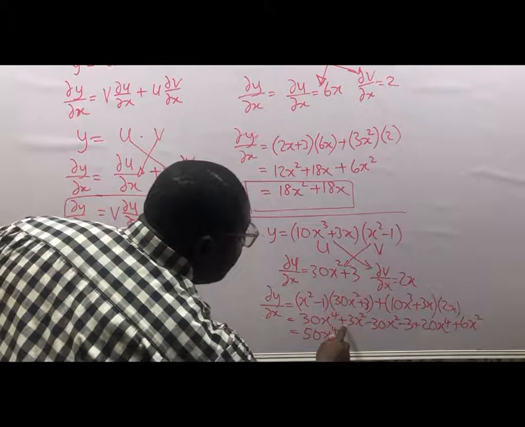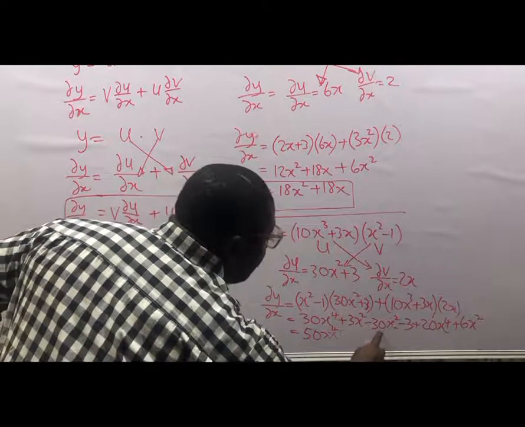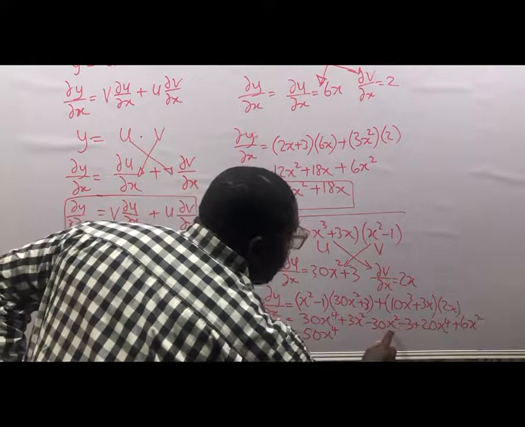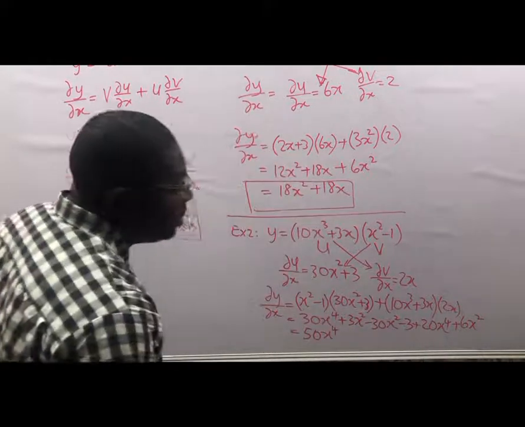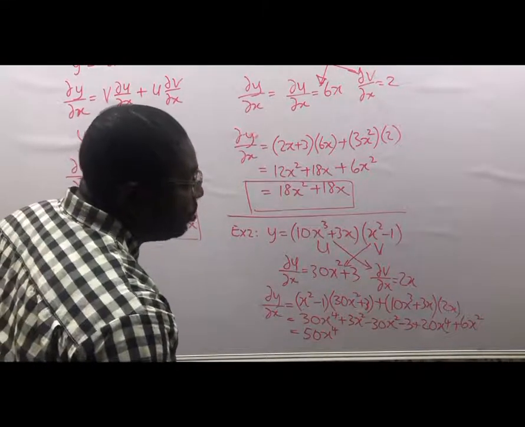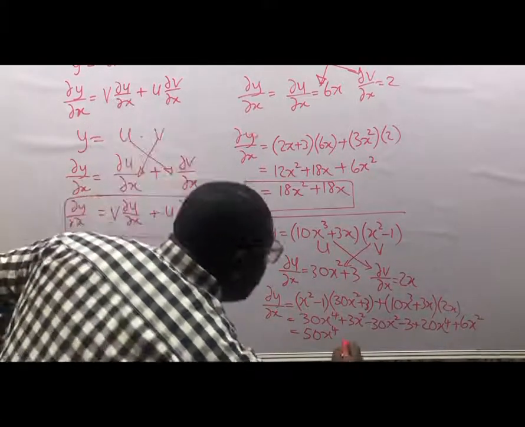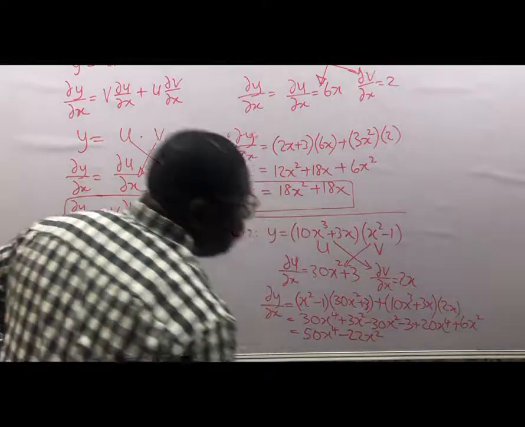Alright, we have plus 3x raised to the power 2 minus 30x raised to the power 2. That leaves us with minus 27x raised to the power 2. Minus 27x raised to the power 2 plus 6x raised to the power 2 leaves us with minus 22x raised to the power 2.